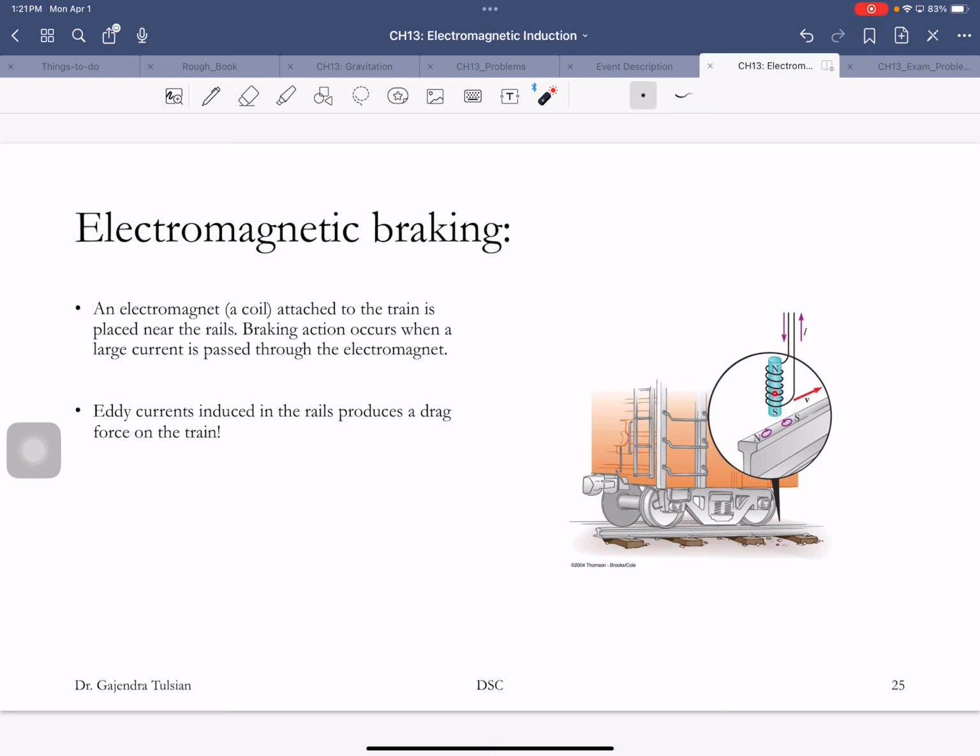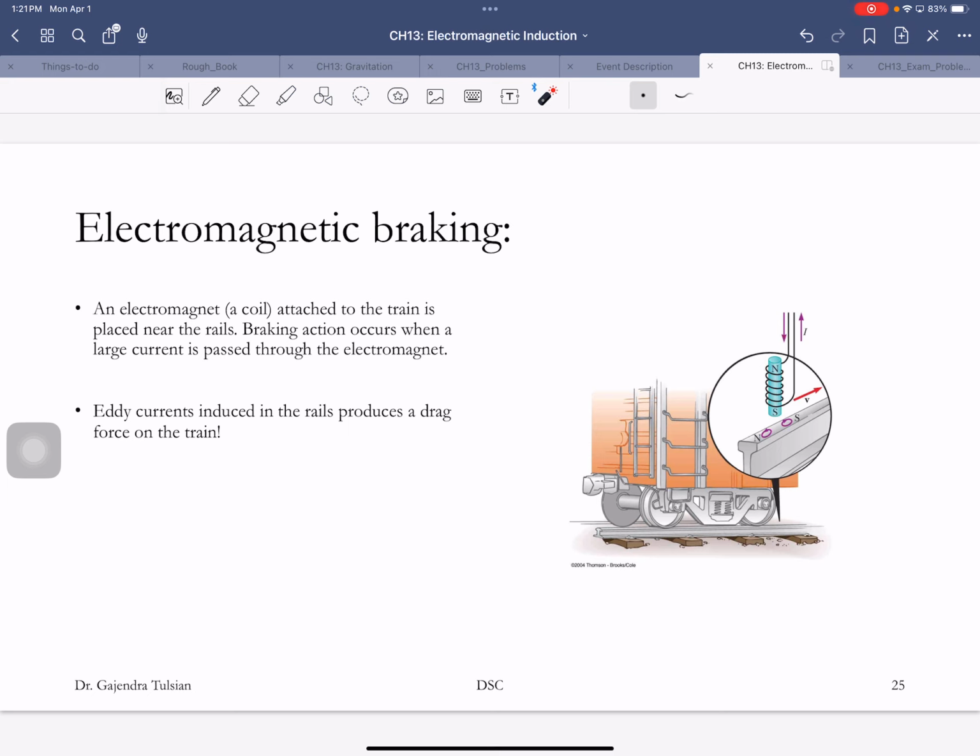Now this has become an electromagnet, and as it's moving, it induces a current in the rails. If the train is moving that way, the induced current there is a south pole which is repelling it, and this one is a north pole which is attracting it. So the induced current ahead is pushing it back, the current behind is pulling it back. So you get a very smooth and fast stop with this electromagnetic braking.